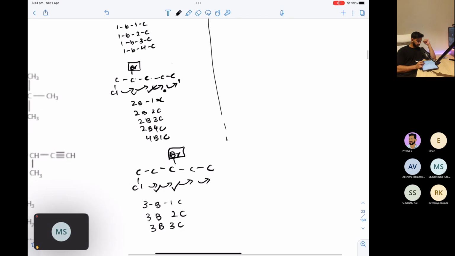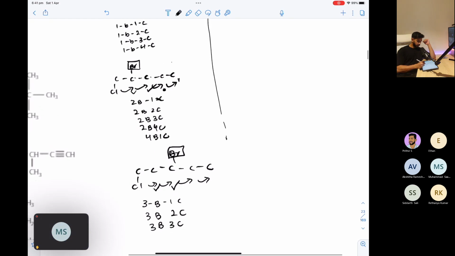And what if we move to this position? 3 bromo, 4 chloro. Or could it be this is now carbon number 1 and it becomes 4 bromo, 2 chloro?